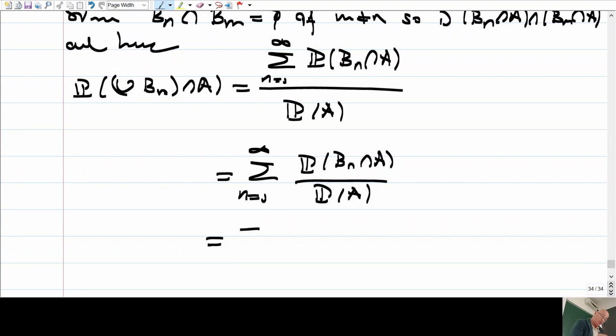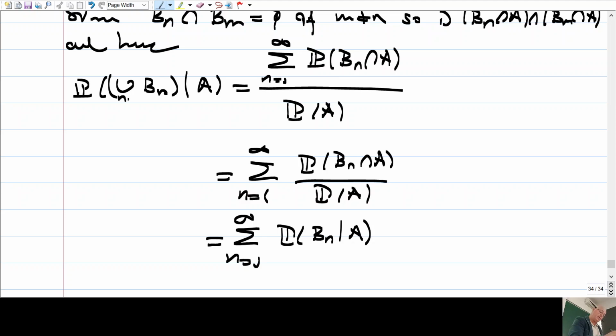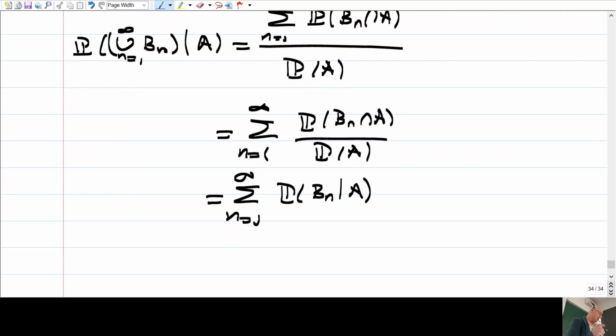The sum from 1 to infinity, this thing is just P of Bn given A. So we have shown then that this probability is given as the sum of the probabilities.